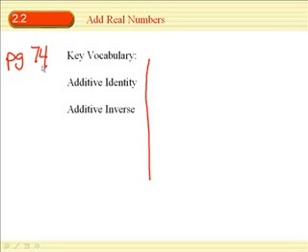Let's see if we can find where those are. I'm gonna take a guess that, yep, top of page 76, additive identity. The number 0 is the additive identity. That means any number plus 0 is that number.